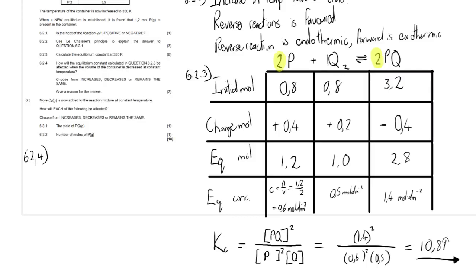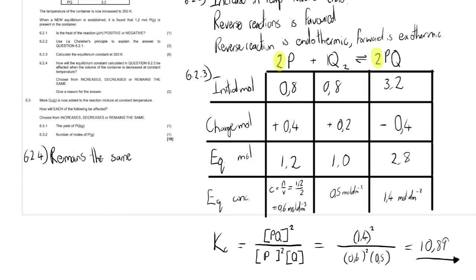All right, so what do we think? Is the equilibrium constant affected by change in volume? No, sir. I think it's not affected. I think you're correct. It will just remain the same.